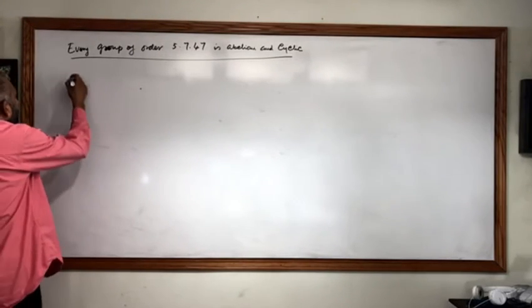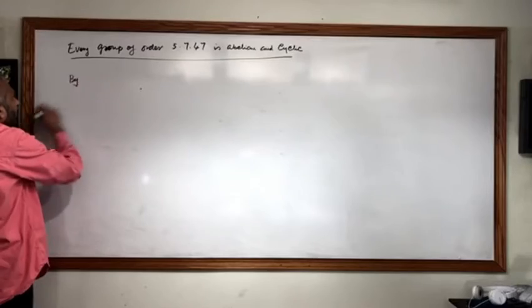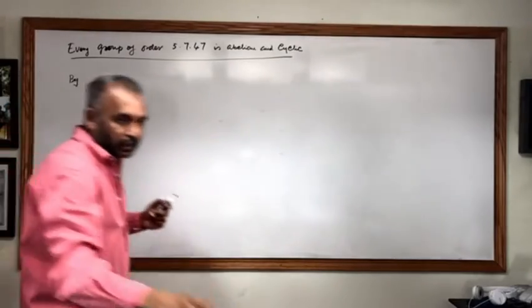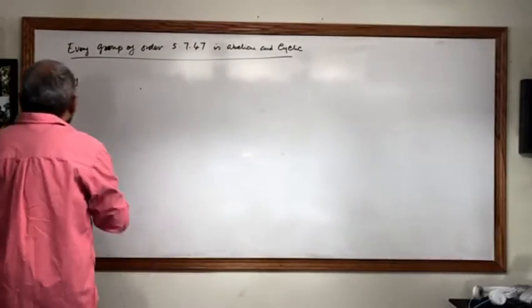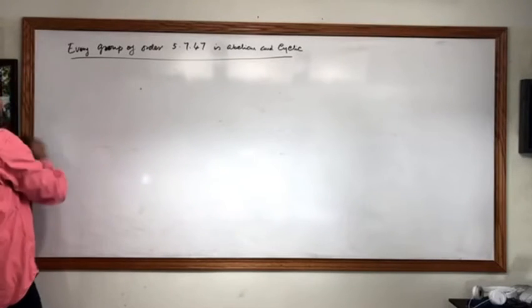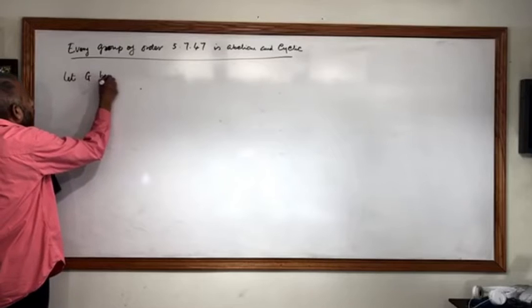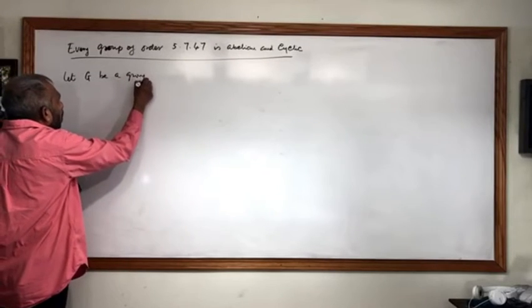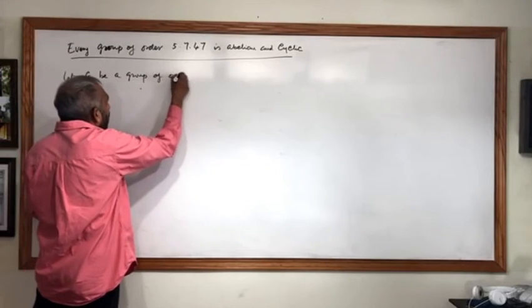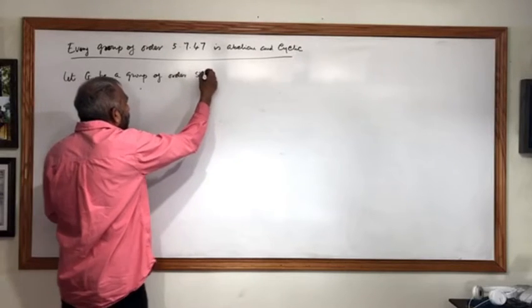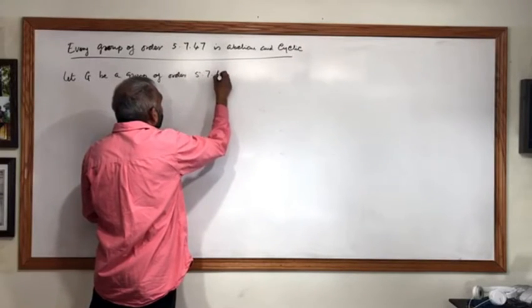So let us start with a group G. Let G be a group of order 5 times 7 times 47.